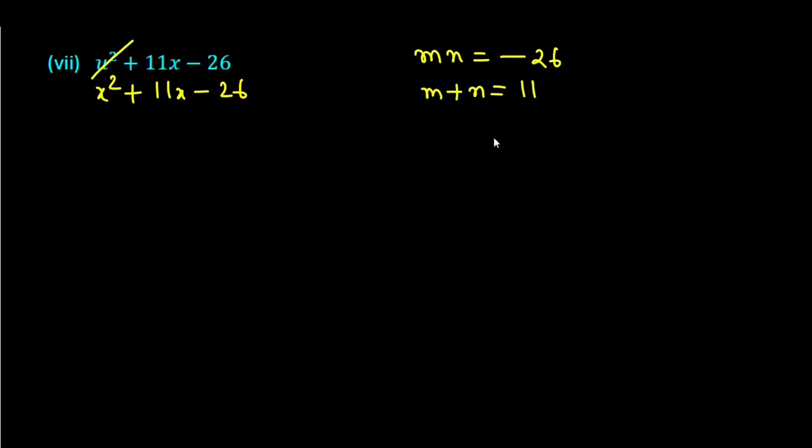So let us find factors of 26, or we can say factors of minus 26. 1 into 26, 2 into 13. It is not divisible by 4 or any other prime number. So these are the only two possible pairs of factors.